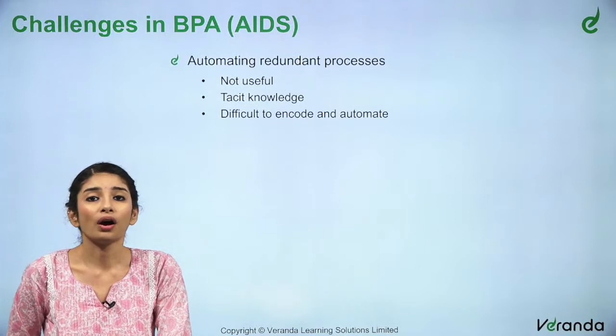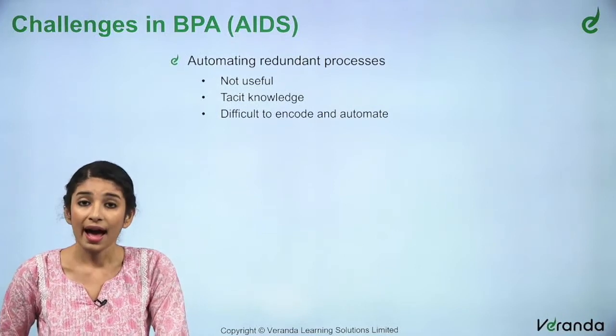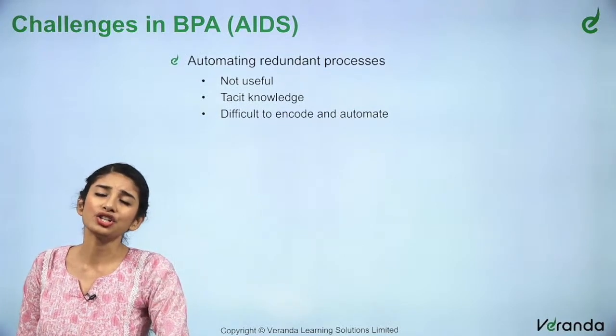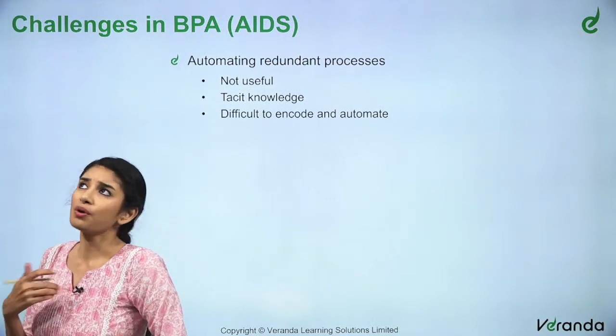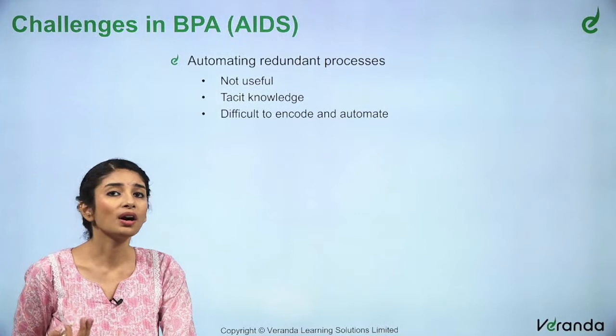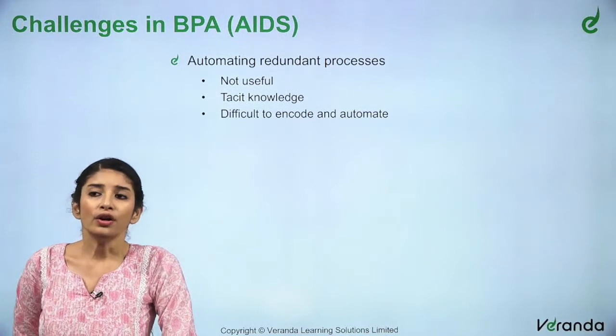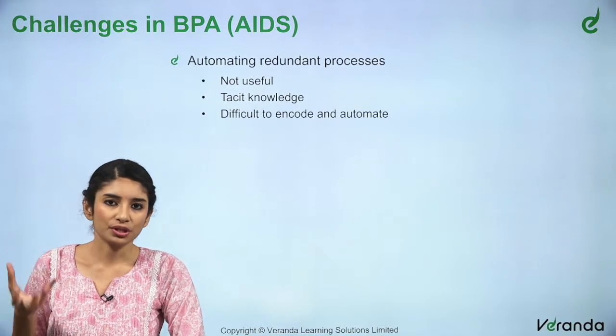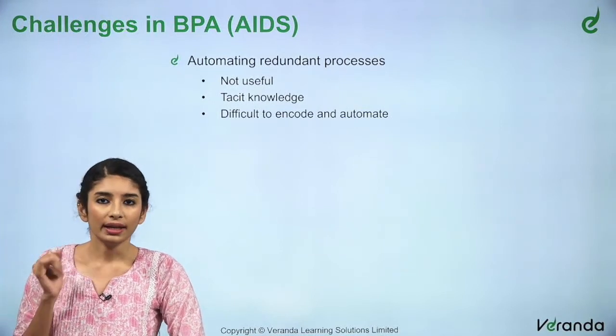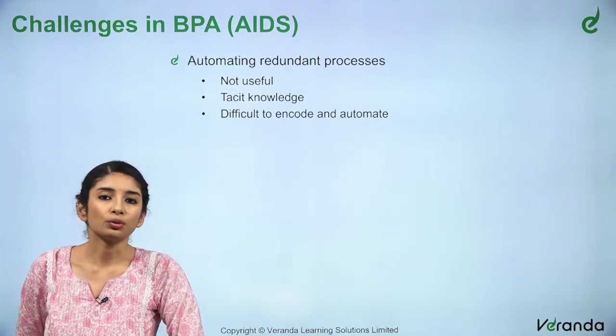A stands for automating redundant processes. I stands for implementation cost. So in case you want to automate a function, you're going to do a cost benefit analysis. Say I have a locker in my house, and in that locker there is 25,000 rupees.